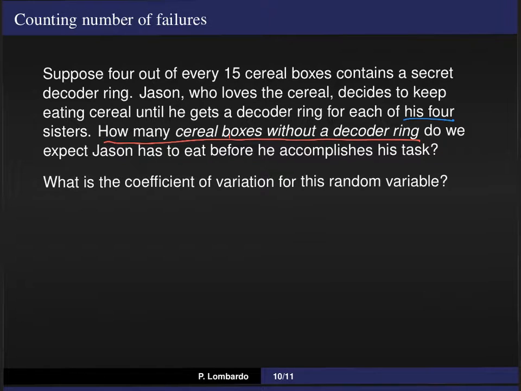So first, let's think about what kind of random variable models this well. Each cereal box is either going to contain a decoder ring or not. So we can think of eating or opening a cereal box as a Bernoulli trial, with success being having a decoder ring.